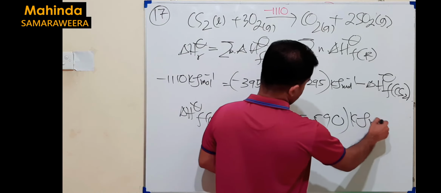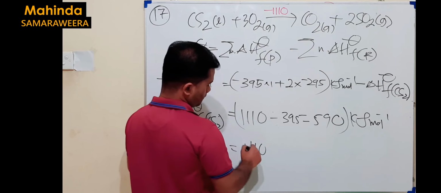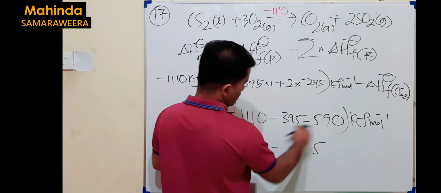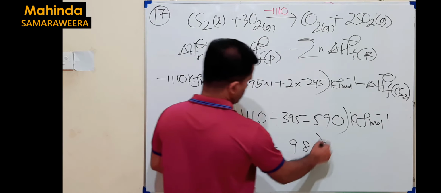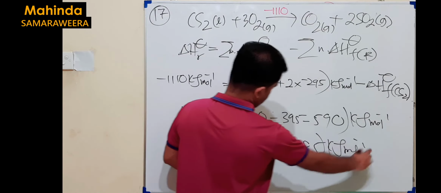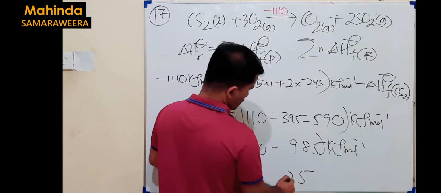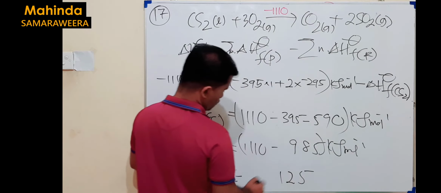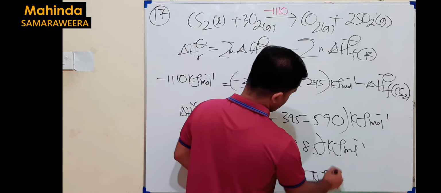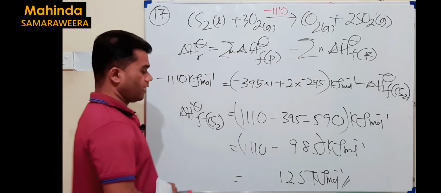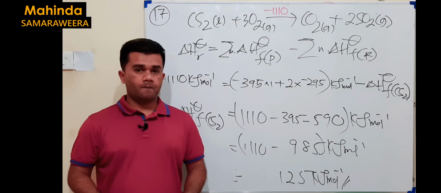It's kilojoules per mole. Plus 125 kilojoules per mole. It's given in the fifth answer.